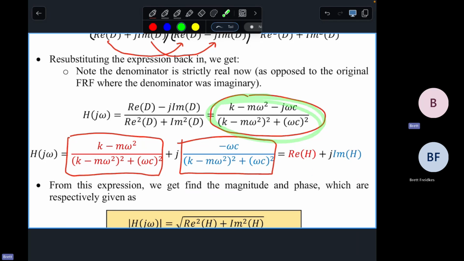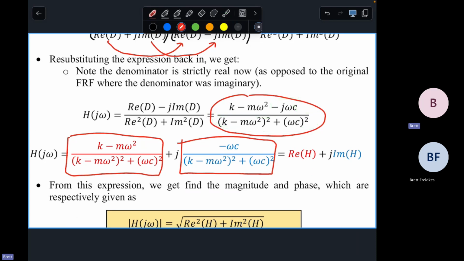K minus m omega squared over the denominator plus j times negative omega c over the denominator. 2 separate fractions, right? Okay? So now I'm in this form where I have the real part, the imaginary part, I can take the magnitude. That gets kind of messy, right? The algebra gets kind of gross when you do this, especially with variables. It gets kind of complicated.